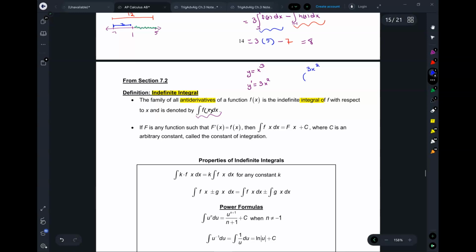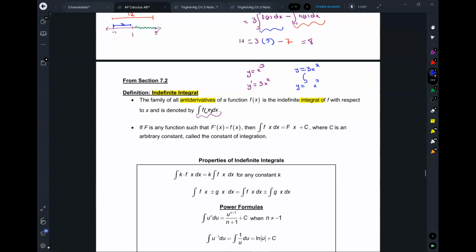I said y prime is this. Would you be able to come up with the y? What would you do? Well, you would actually do the opposite operation, right? So for example, for this one, how did we get the 3x squared? We subtracted 1 from the exponent. So here you're like, okay, I'll just add 1 to the exponent, right? And then this 3, we can divide by 3 and we come up with x cubed.